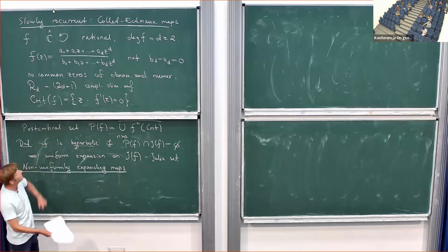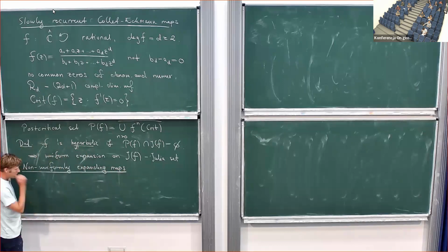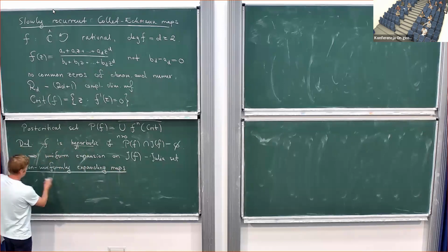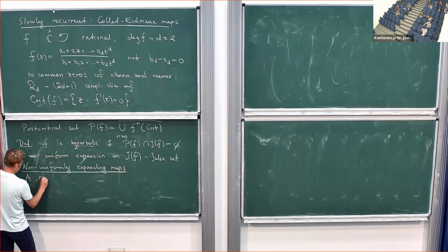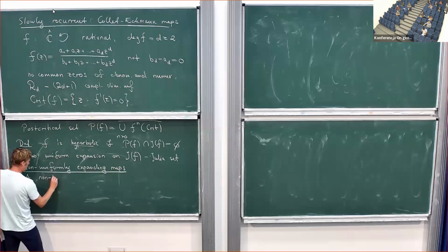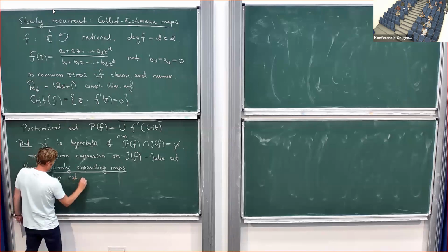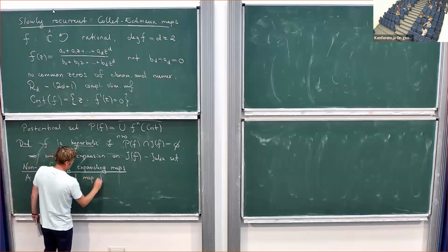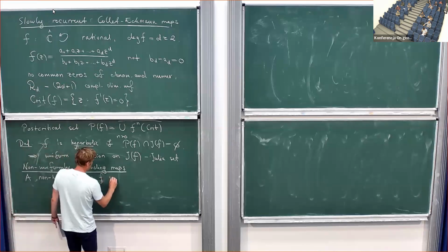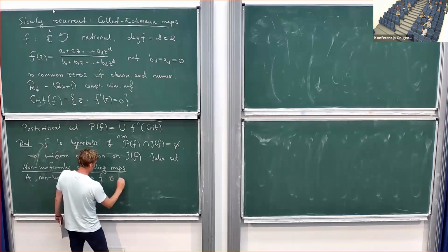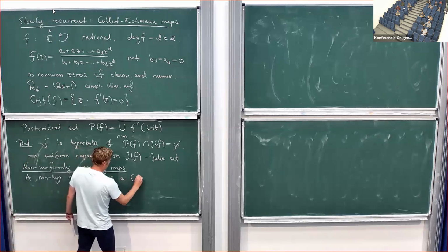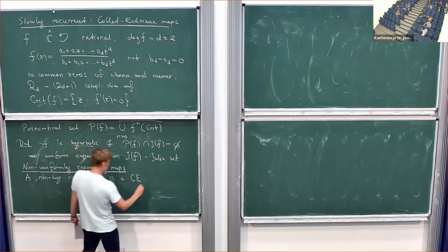Let me define Collet-Eckmann maps. Not all of you have seen this. So I usually include non-hyperbolic in the definition. A non-hyperbolic rational map is a CE map, Collet-Eckmann map, if it satisfies the Collet-Eckmann condition.